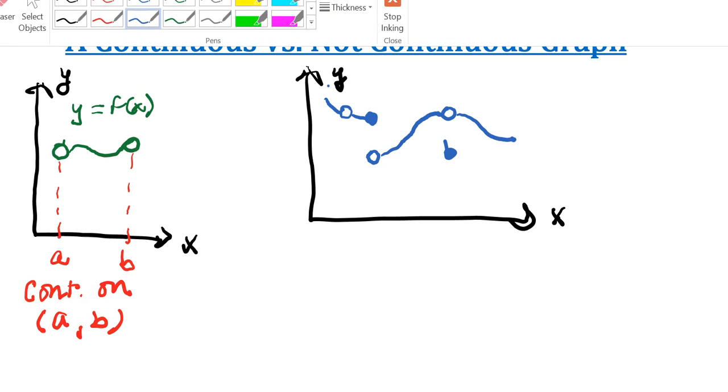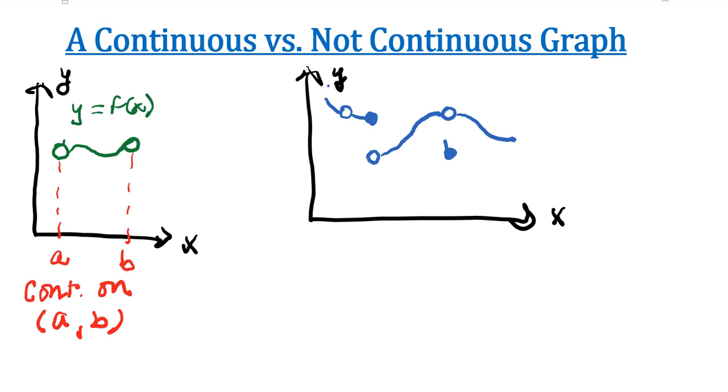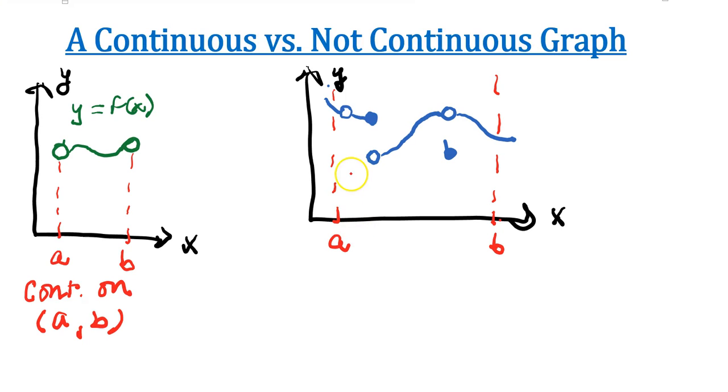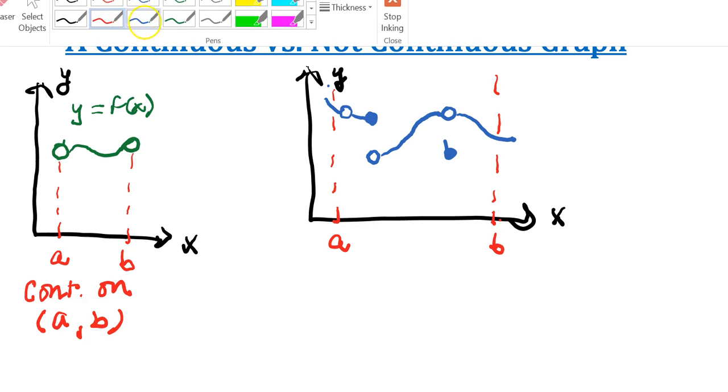I'm going to put some boundaries on this, and A is going to be about here on the x-axis, and B is going to be about here on the x-axis. And I'm going to name 3 points on the graph.